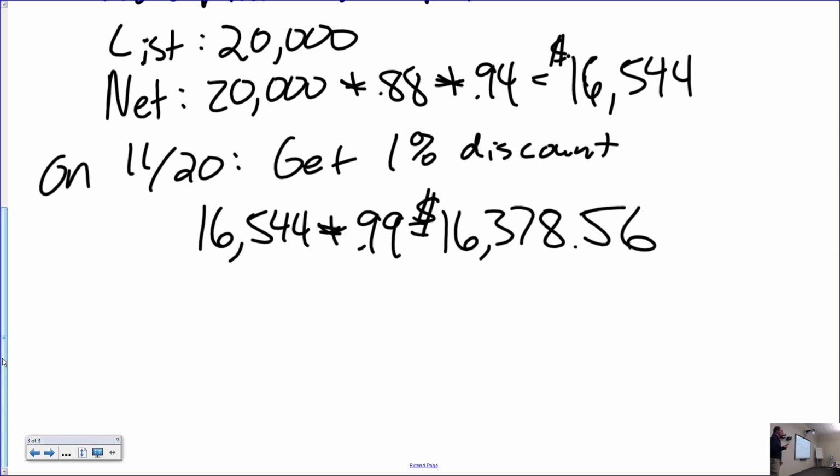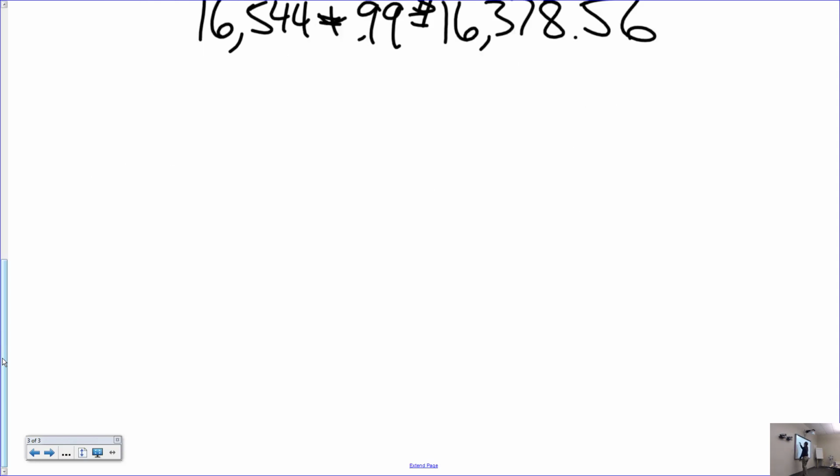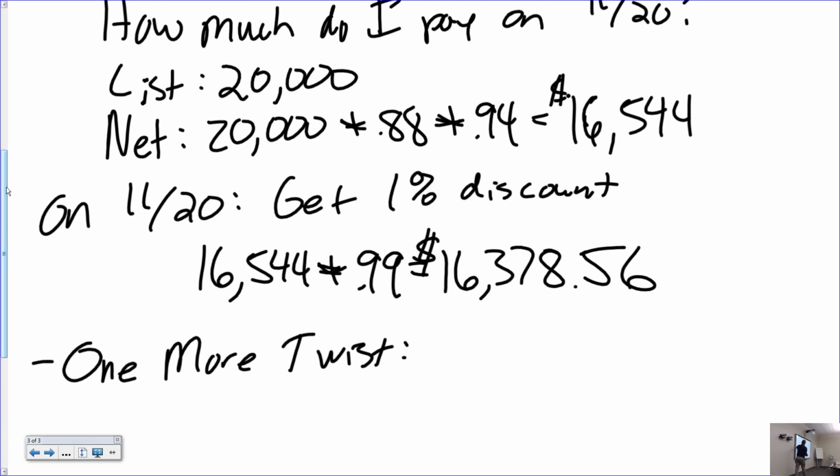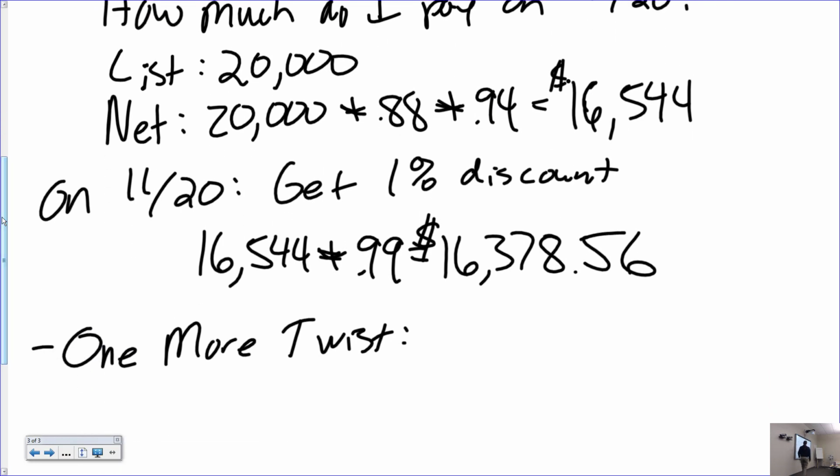Now, you know there has to be a twist, right? One more twist. So let's suppose that you go to pay this bill on November 20th, and you go into the computer, and you're working on the accounts payable computer, so you sit down in front of that little green terminal, and you go to type in $16,378.56, and it turns out that in the account that is tied to your accounts payable, there's really only $5,000 left.